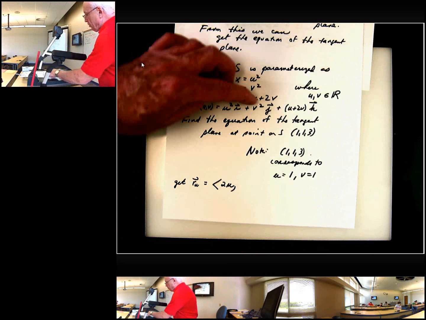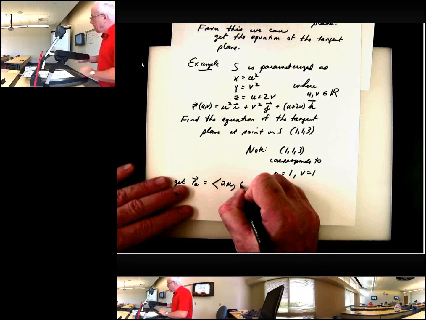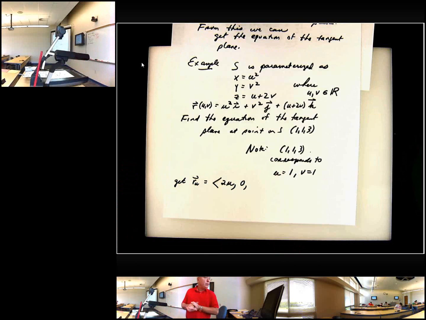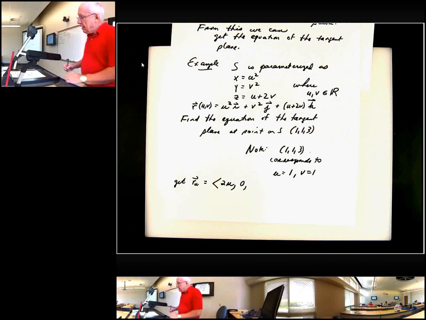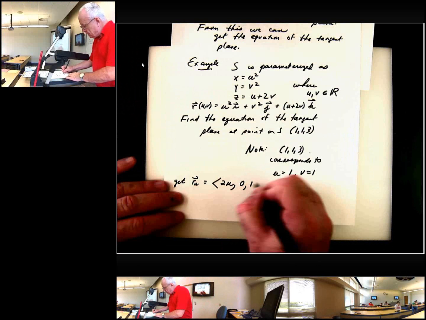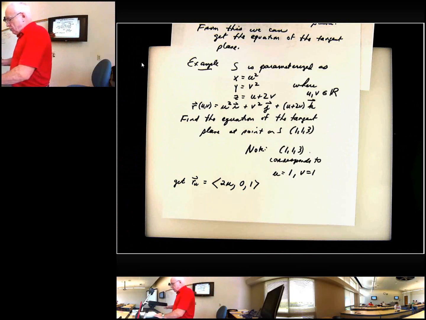The second component, v squared, is a different variable, so it is 0 with respect to u. And then u plus 2v, that derivative is 1 with respect to u. So that's our first vector, r_u.